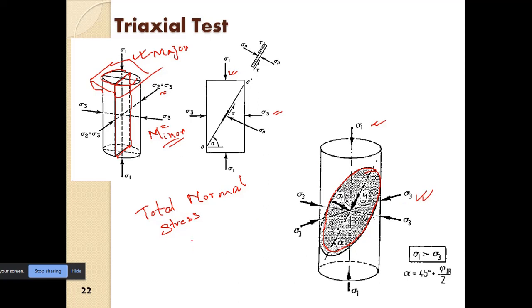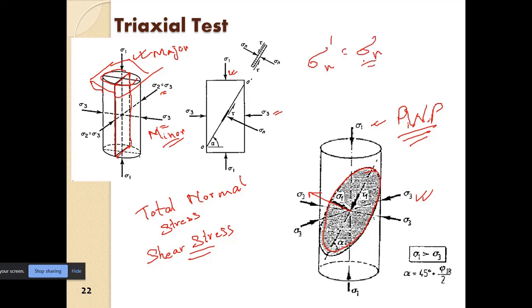And then we will also obtain the shear stress on the plane. We can also measure the pore water pressure if there is any pore water pressure development. The pore water pressure will of course act normal to the plane. So in that case the normal effective stress will be sigma n dash equal to sigma n, which is the total normal stress, minus the pore water pressure.